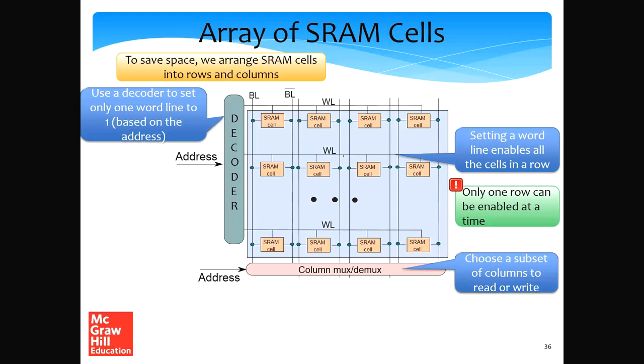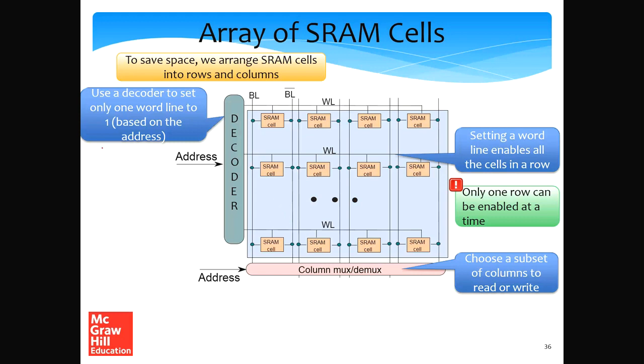Now let's create an array of SRAM cells. To create an array of SRAM cells, let's see what needs to be done. We create one SRAM cell and arrange them in a matrix form. Let all the SRAM cells on a single row be connected via the same word line, and let the SRAM cells along a column be connected to the same pair of bit lines.